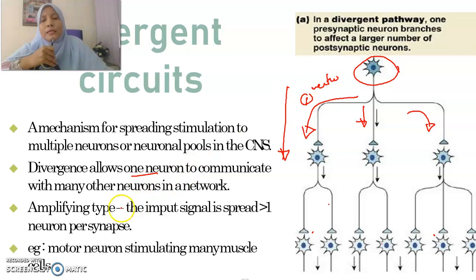So this is called the amplifying type. The input signal is spread from one, but it is amplified into more than one neuron. For example, a motor neuron that stimulates many muscle cells.